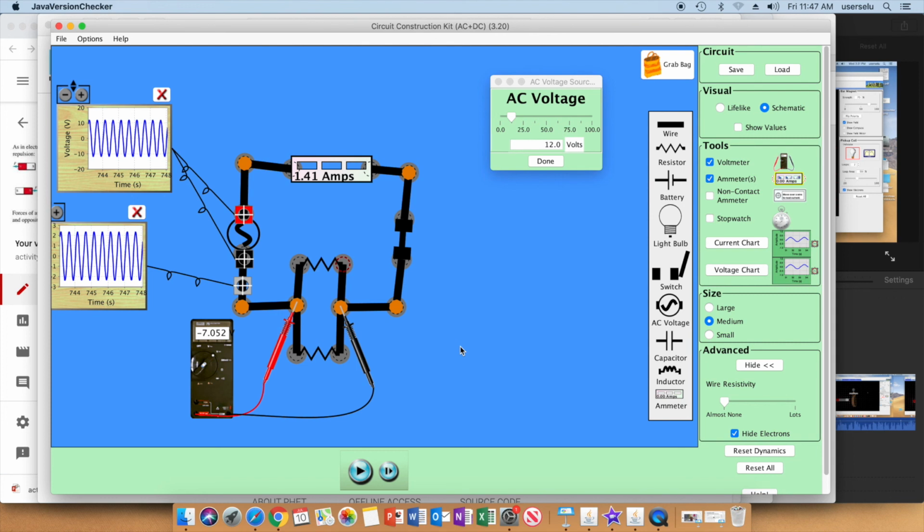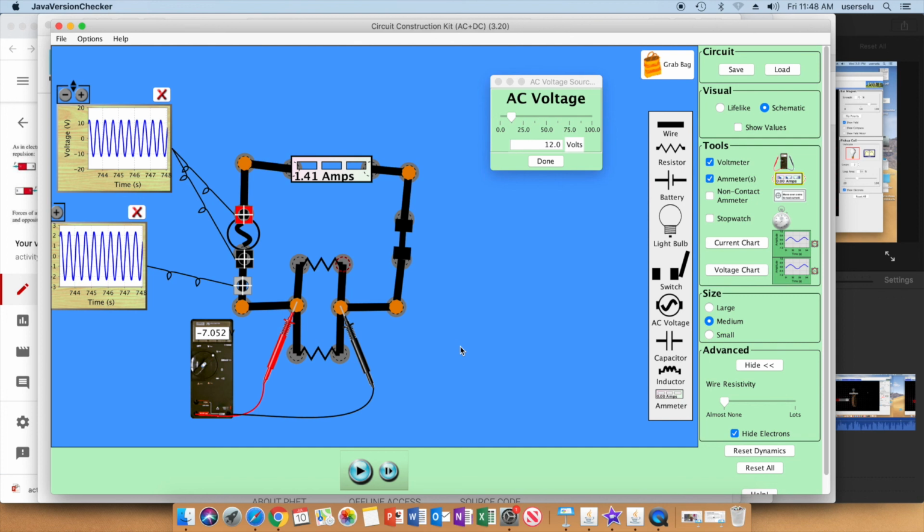I have two 10 ohm resistors. Of course, the equivalent resistance is 1 over 10 plus 1 over 10 equals 1 over Req. That's 2 over 10 equals 1 over Req. That's Req equals 5. So this is like a single 5 ohm resistor in place of these two parallel 10 ohm resistors.